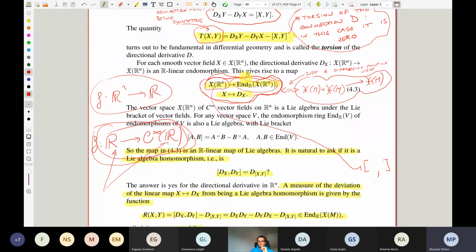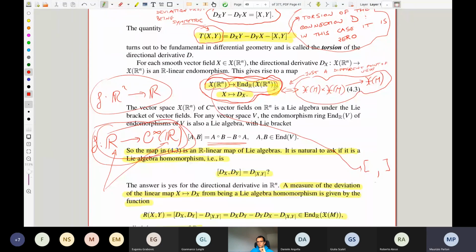And by the way, for endomorphisms, we have another product, right? What is this other product? In the endomorphisms, we have a natural product, which is this one. Just not the normal product. And we are asking whether this map is preserving these two structures of Lie algebra.